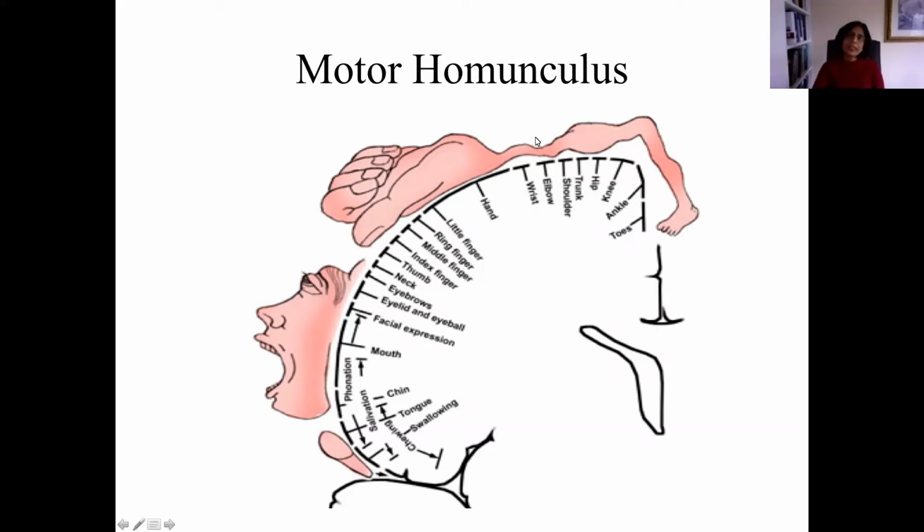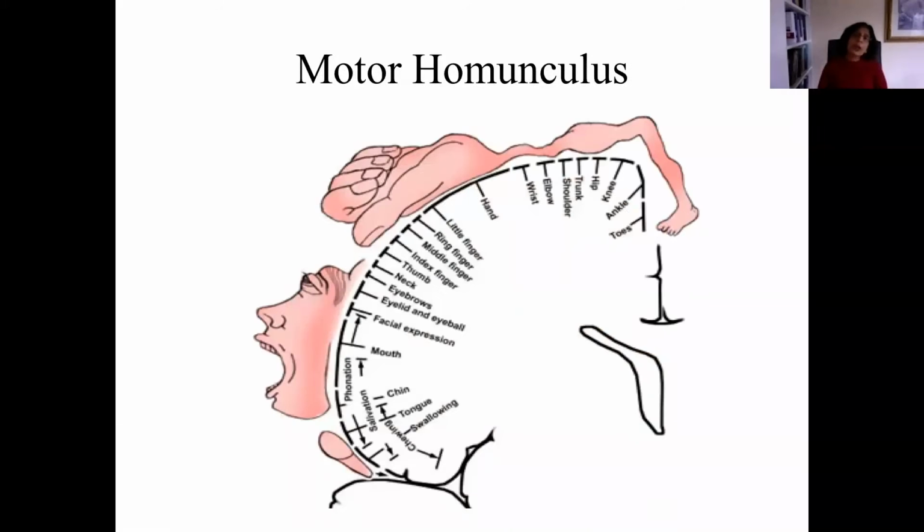So realistically, the trunk is many times bigger than the hand, but the hand would receive a greater space here in the motor cortex. Similarly, lips and the tongue are all occupying a much greater region here compared to some other parts like the leg, the trunk, and so on. So that's interesting. The more movable a part is, the more space that's allocated here.